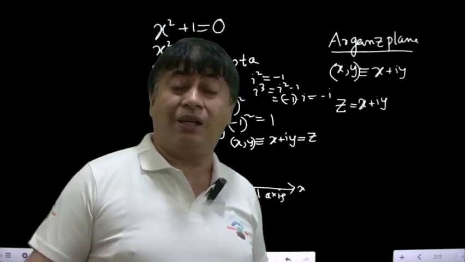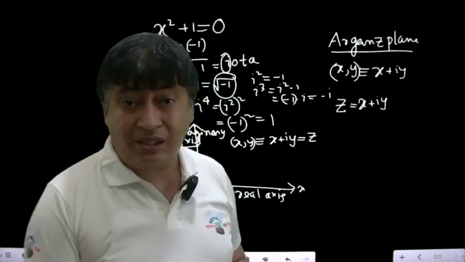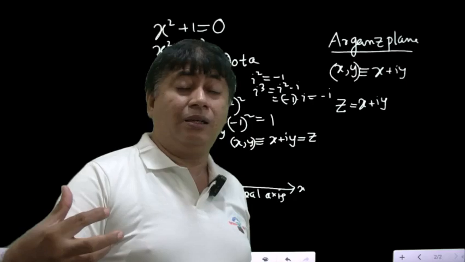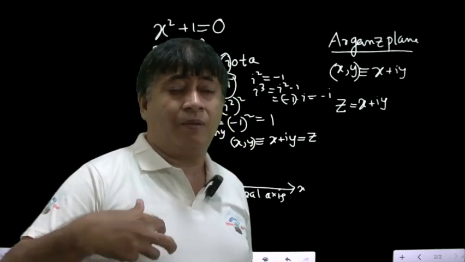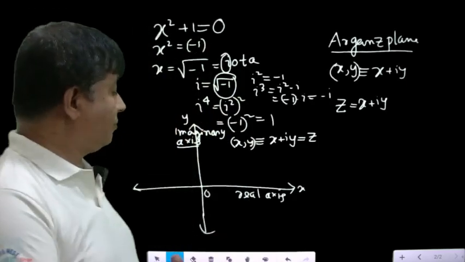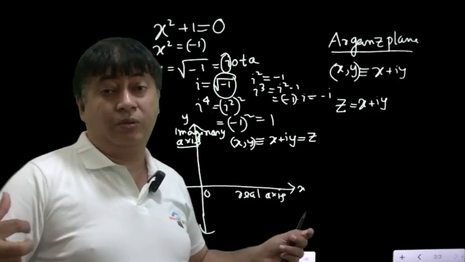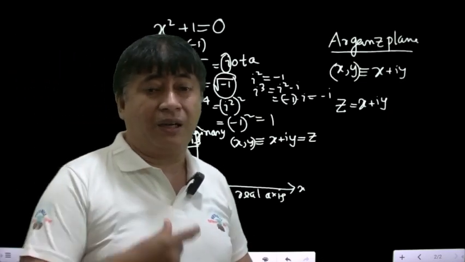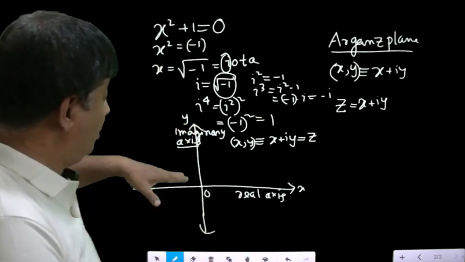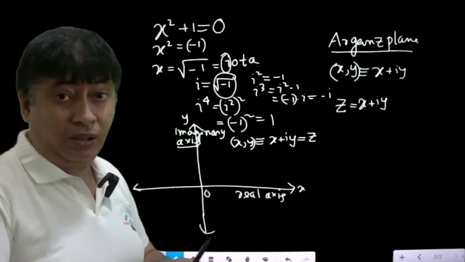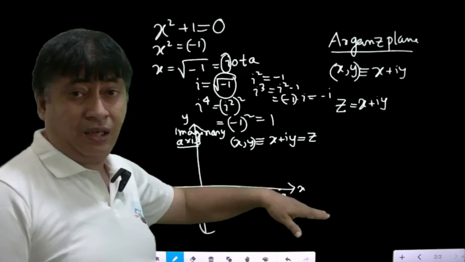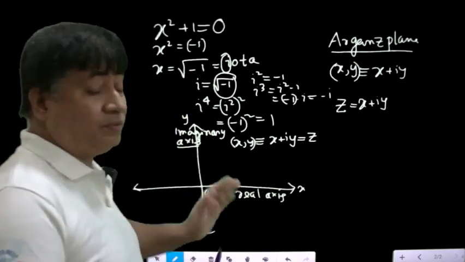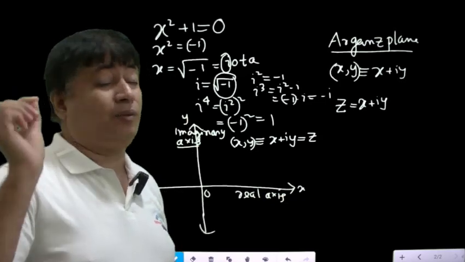Your shadow, that is your image. You cannot hold your shadow. You cannot catch it, but you can see it. So your image has a real x axis like you, but instead of real y, that has an imaginary y axis.